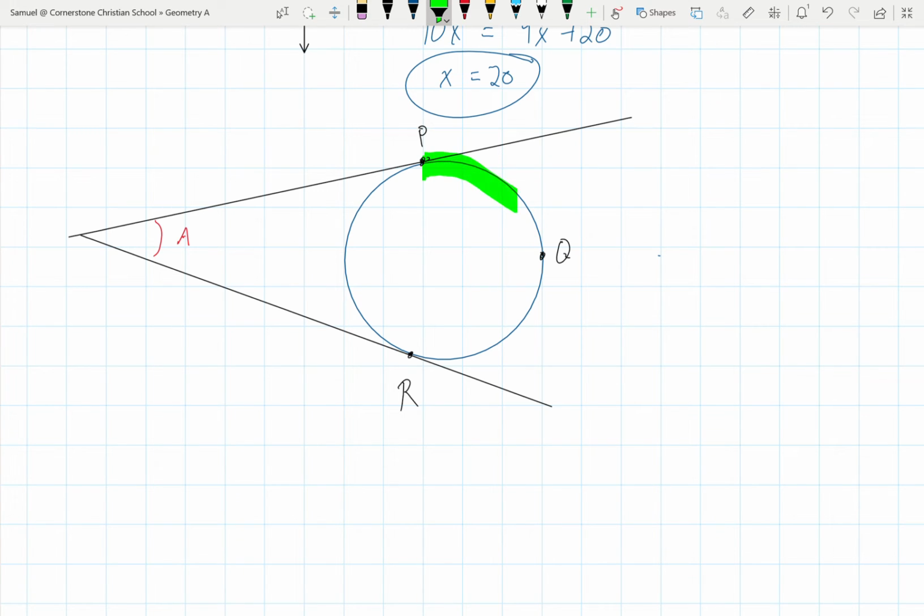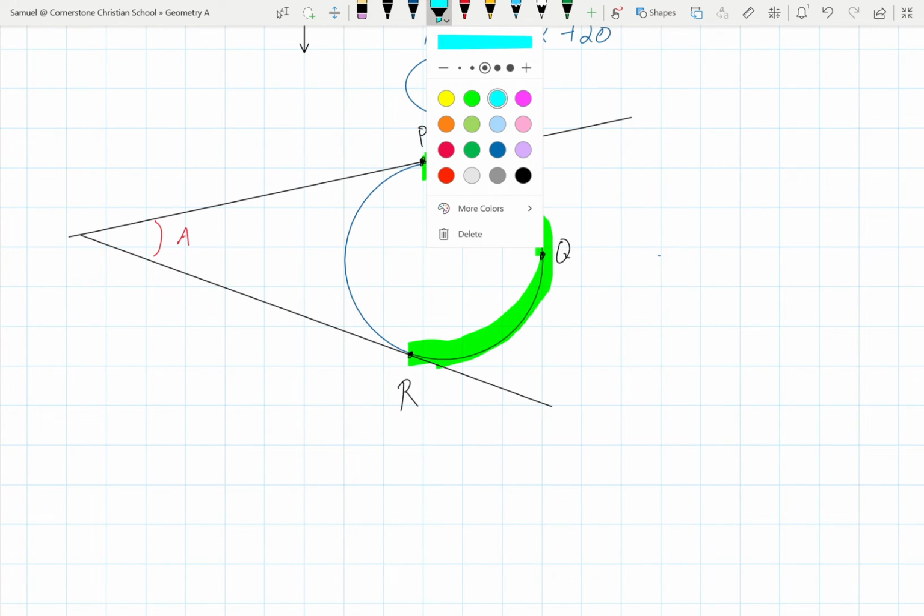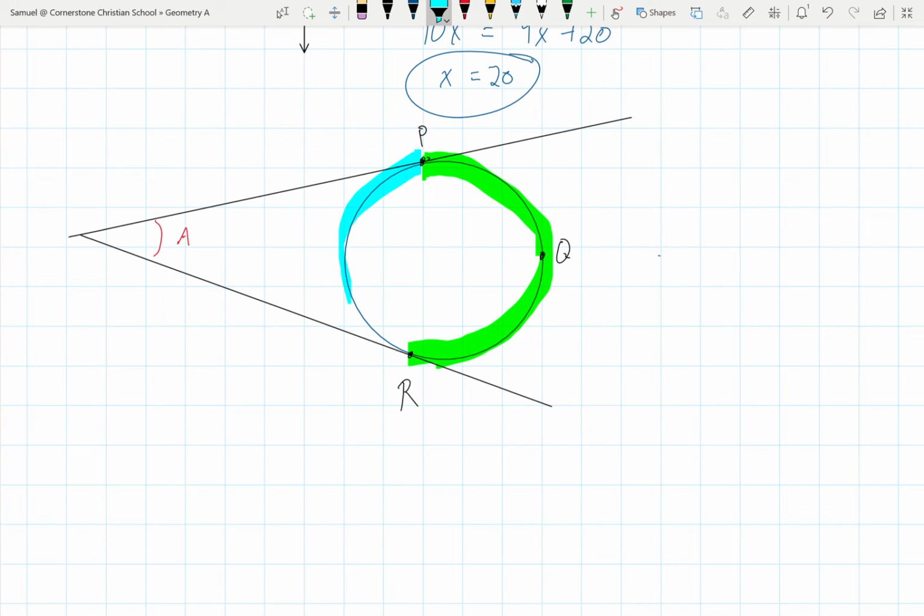I have arc PQR going here, and I have arc PR. And we know that PQR plus PR is going to be 180. That's going to be helpful in situations where we might be given PQR and not PR, and so forth. And so we'll need to solve for one or the other.